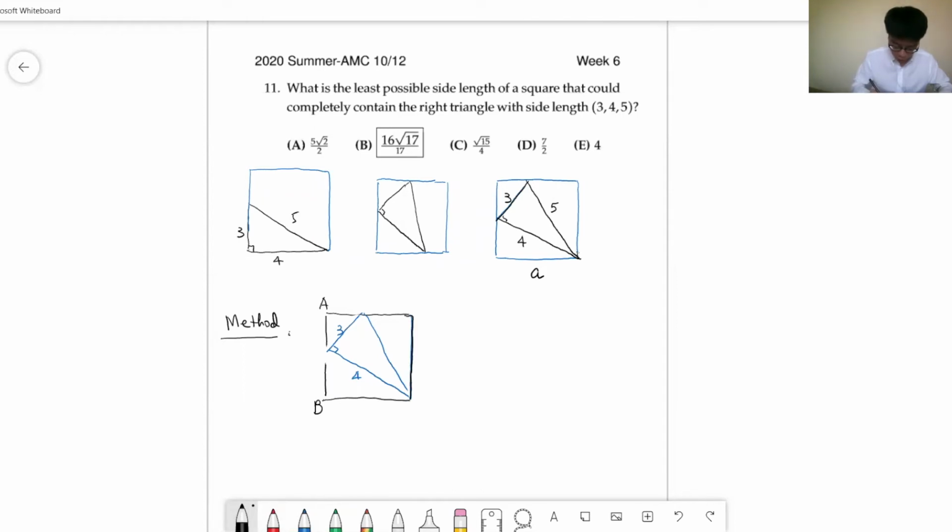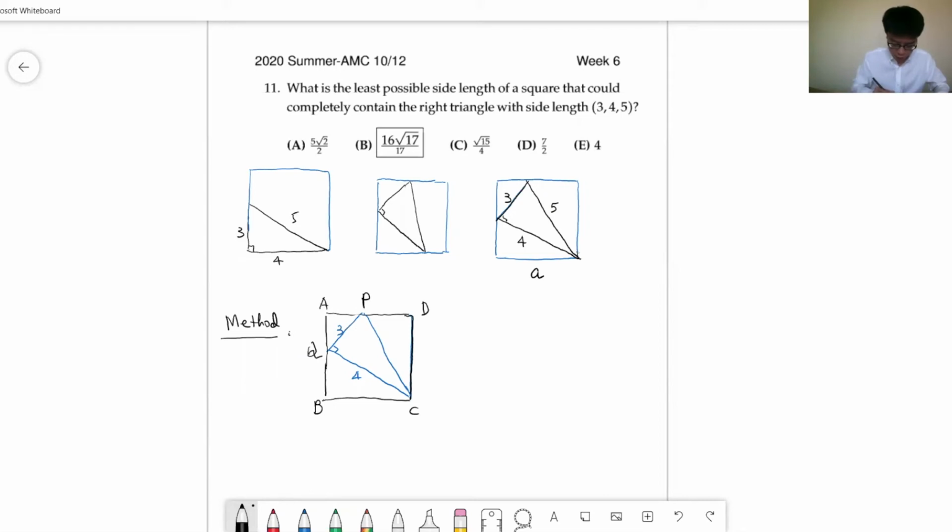Okay. Right. Okay. Geometric method is as follows. I'd like to rotate this triangle. Okay. I should mark 2 more points. This is P, Q.